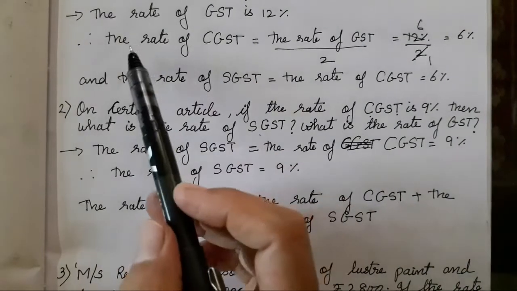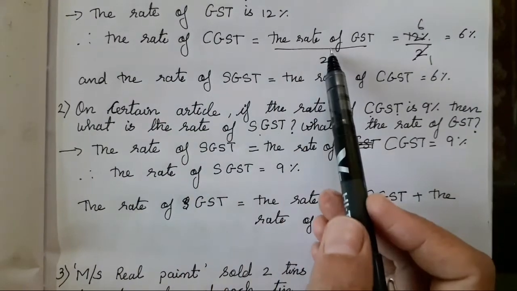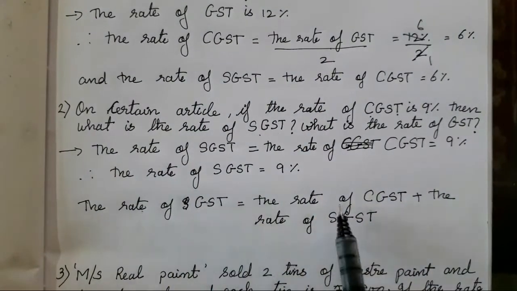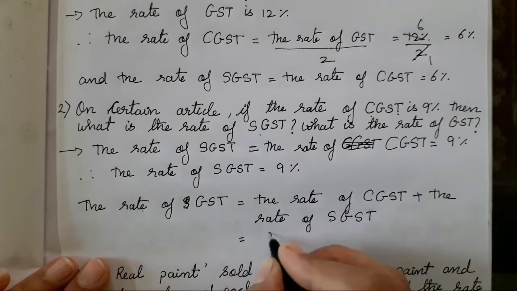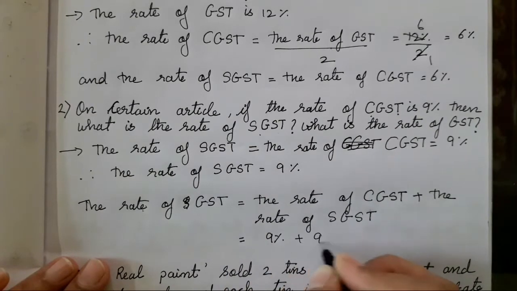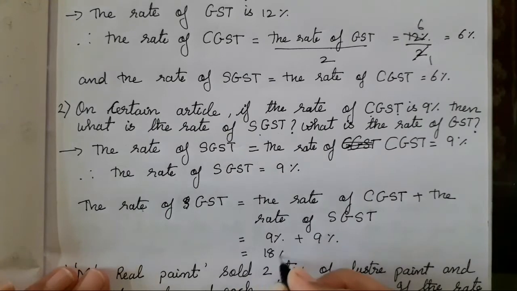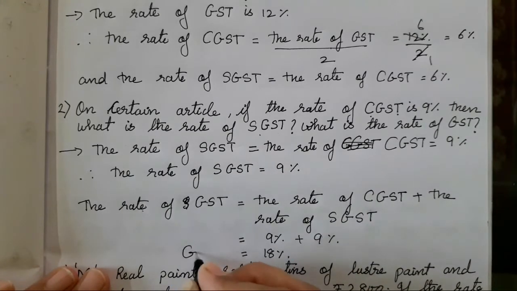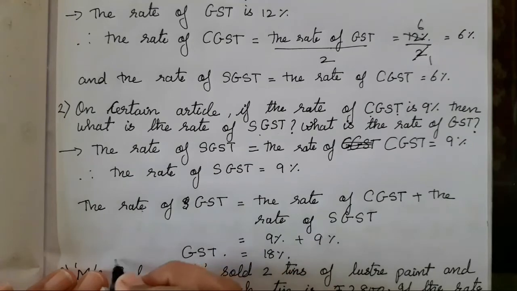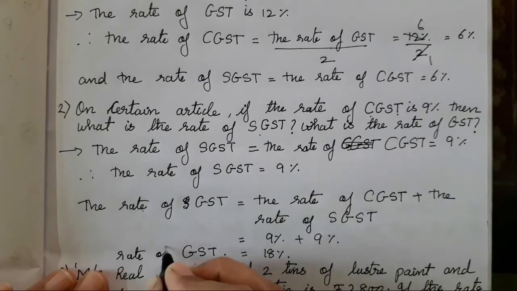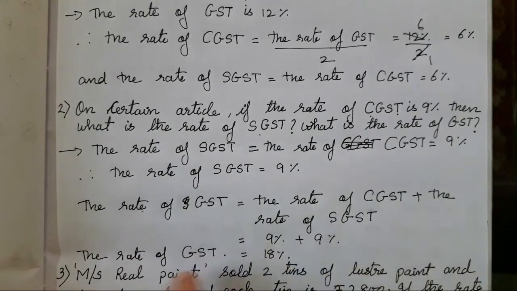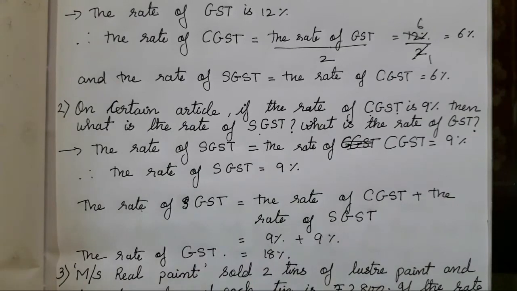For finding the rate of CGST, this formula is to be used, and for finding GST, this formula is to be used. So 9% plus 9% is 18%. So the rate of GST is 18%. Is it clear?